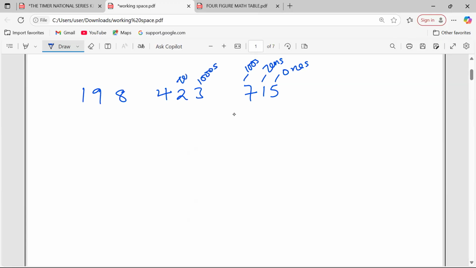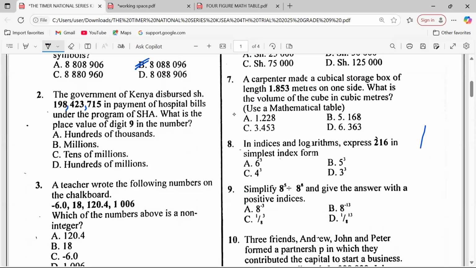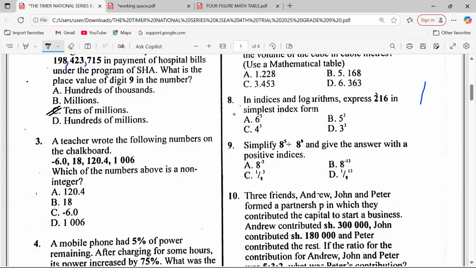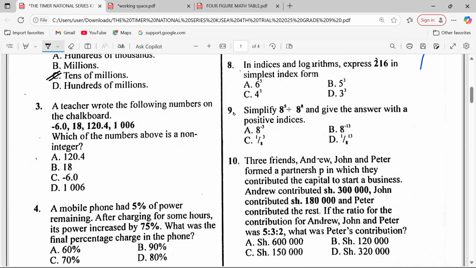This is tens of thousands. This is hundreds of thousands. This is millions. Then this is tens of millions. So that we go hundreds of millions. So 9 is at tens of millions, meaning that option C is the most appropriate answer, tens of millions. Okay.